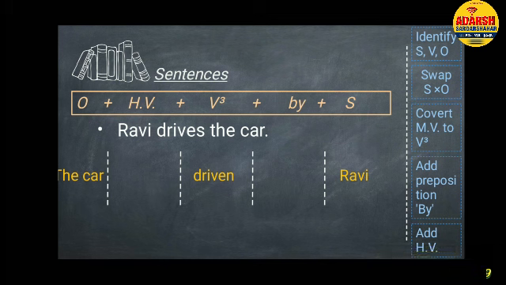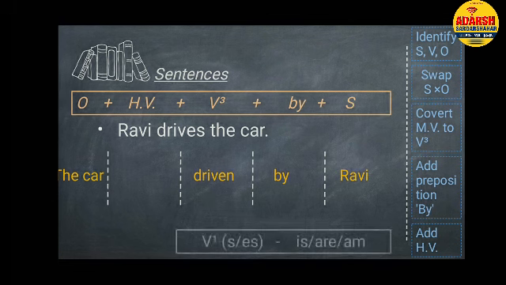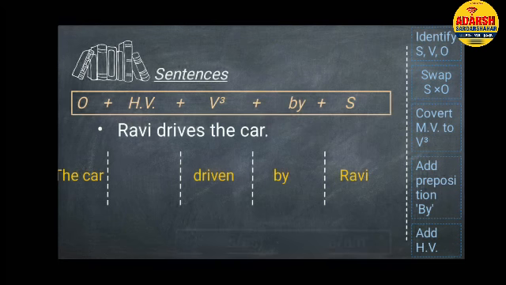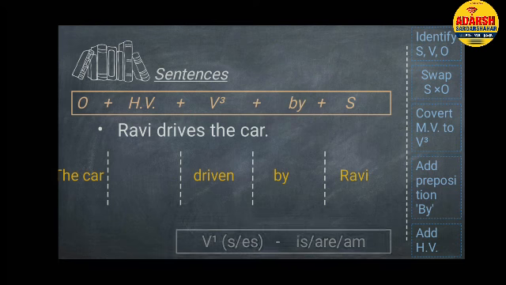So, we put by before our subject, which is Ravi. Now, fifth step, add helping verb. Before going to this step, let us revise our helping verb, which is verb's first form s or es in active voice. Okay, and in passive it is is/am/are.